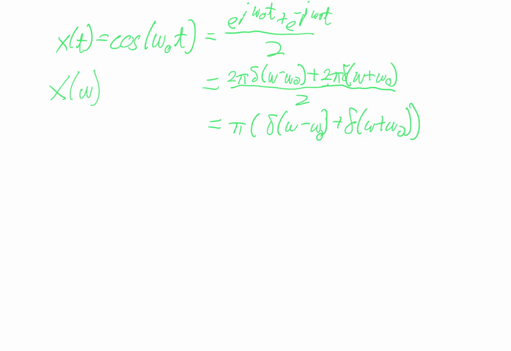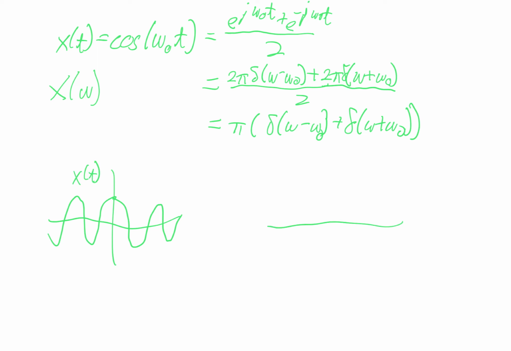So if I have the cosine that goes on forever, and I ask what is the Fourier transform that corresponds to that, I will have impulses at positive omega naught and negative omega naught, and they will have height equal to pi times the amplitude of the cosine.